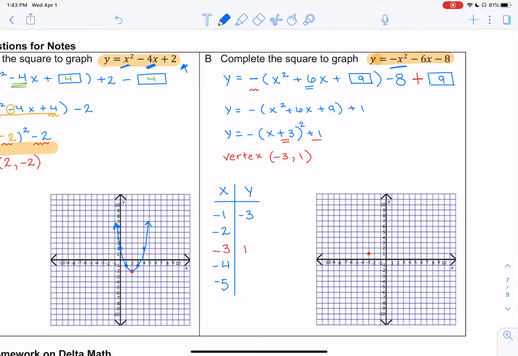And if I plug in a -2, that's going to become negative 4 plus 12 minus 8, that one zeroes out. And you should get the mirror image down below, and then we'll graph that. Negative 1, negative 3, negative 2, 0, negative 4, 0, and negative 5, negative 3.